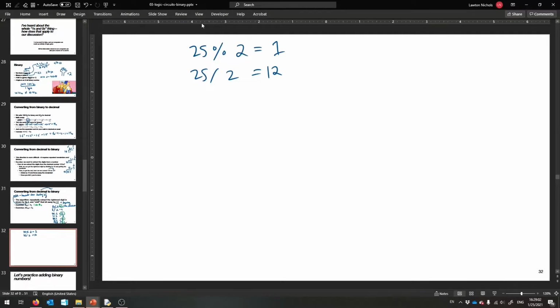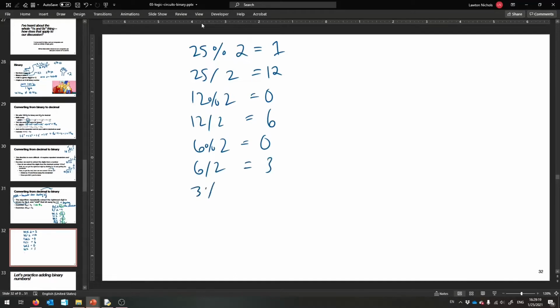We keep playing this game with 12 now. 12 mod 2, that's even, so 0. 12 divided by 2 is 6, then 6 mod 2, even again, so 0. 6 divided by 2 is 3. 3 mod 2, that's odd, so it's 1.